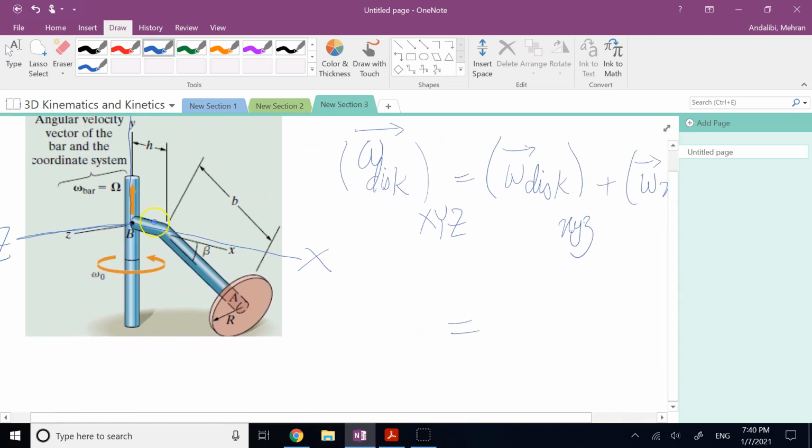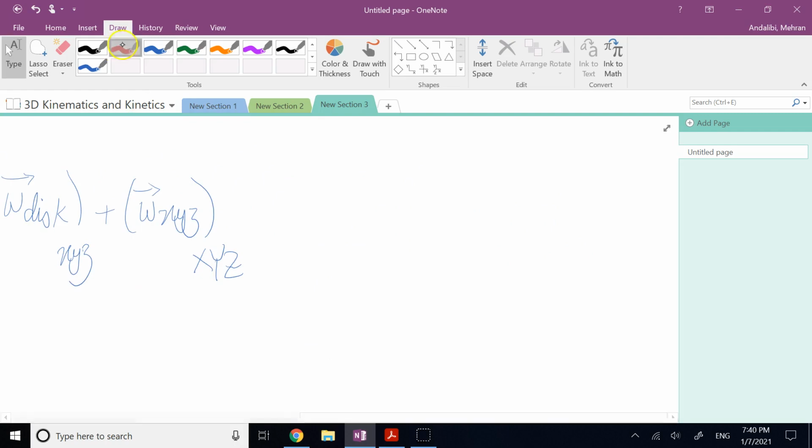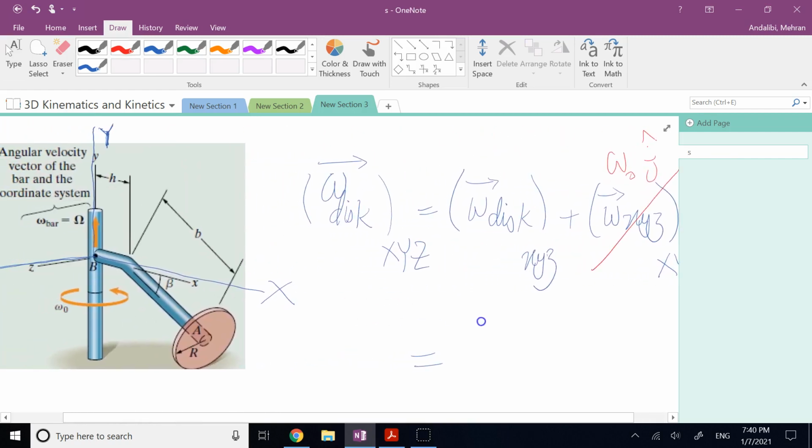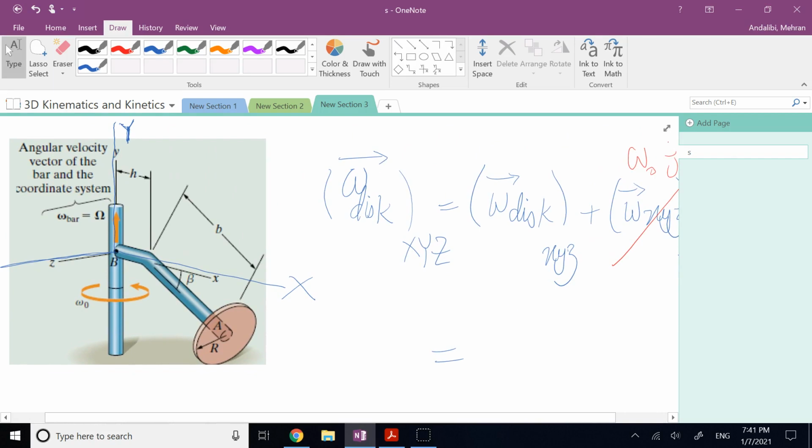We know since this small xyz is attached to the bent bar, it is rotating with omega naught, and it is in the direction of vector j here. So this is simply omega naught j. Now, when I say j, we have to clarify what j are you talking about? Is that the unit vector along the small y or capital Y? And does it make any difference?